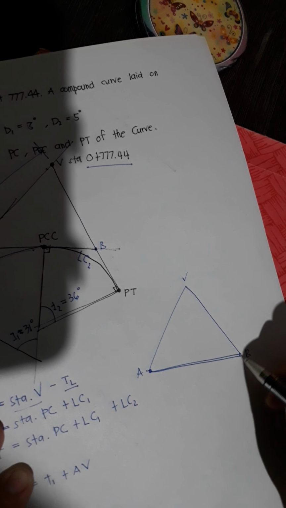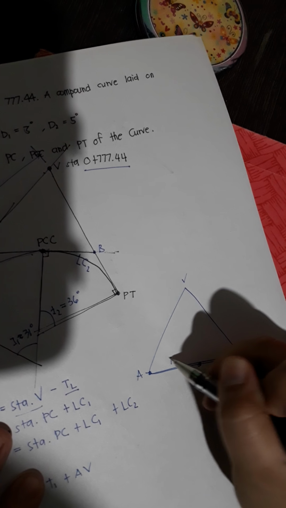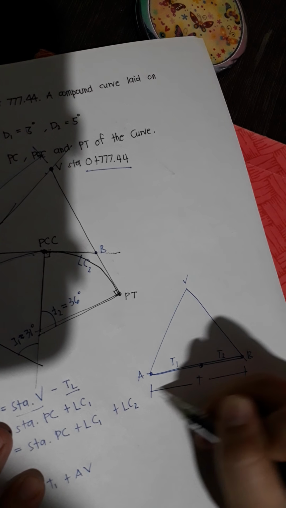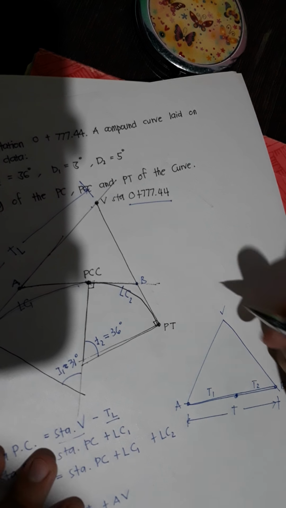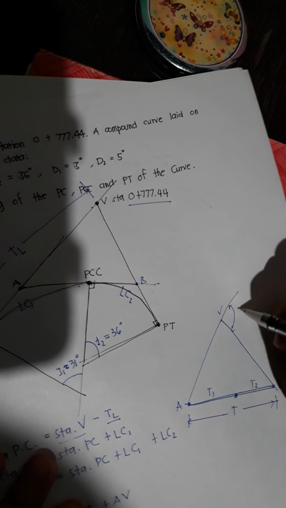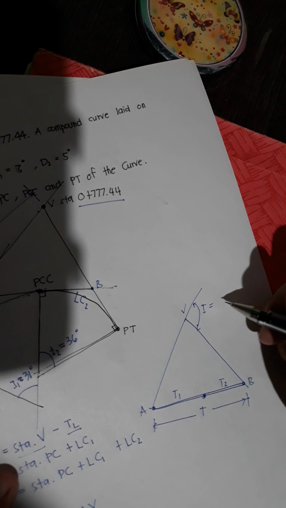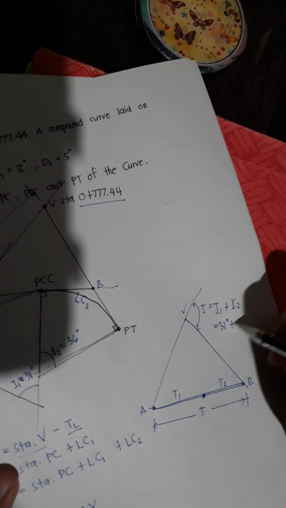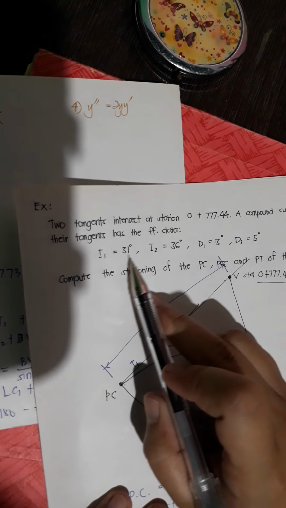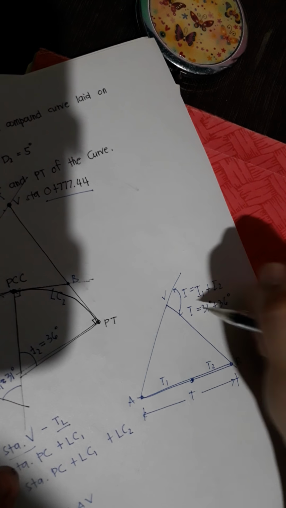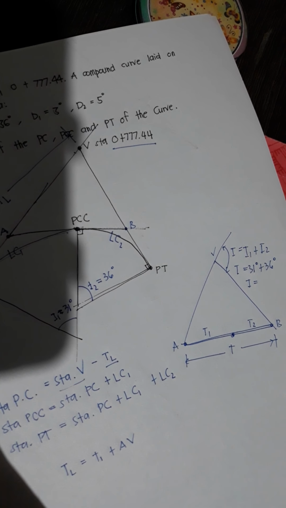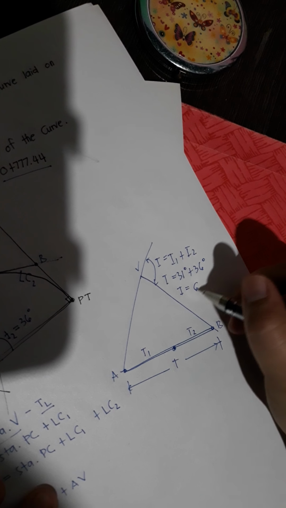And again, you have here the station PCC. So this is T1, this is T2, and all in all, that is the common tangent T. This one here is I, and I is given by I1 plus I2, so 31 plus 36, 67 degrees.